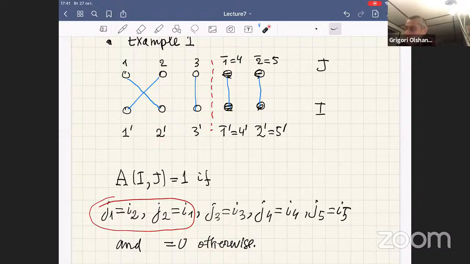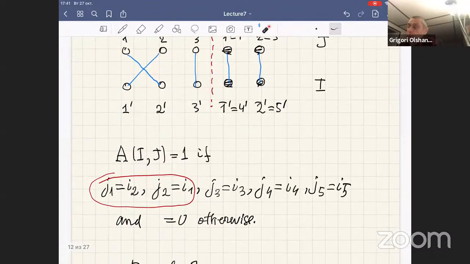And also likewise for this edge. And for any other, the conditions are these ones, okay? So it's easy to see that it is really correct. And this gives us some permutation matrix.